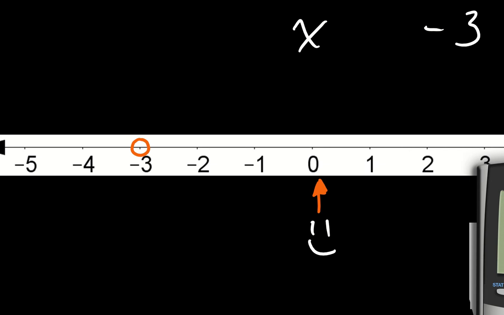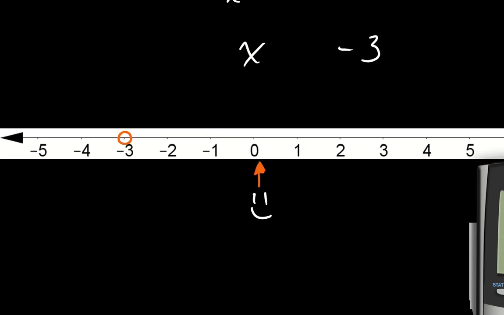Everything on this side of our boundary point. All of these points are. So it can't be -3, but anything bigger than -3, it could be -1, 0, 1, 2, 3, 4. All of these numbers, forever this direction, are solutions.